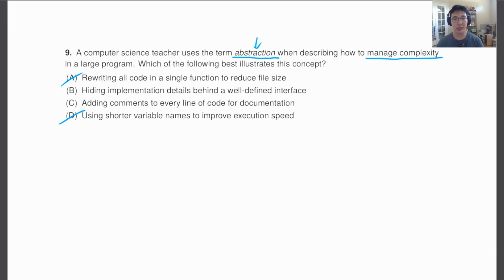Another analogy I use to describe this idea of abstraction is imagine using a computer, which you're probably using right now to watch this video. Do you know the frequency of your clock in your computer? Do you know the voltage that each portion of your computer is getting right now? Do you know the number of cores? No, you don't, right? And all of that stuff is hidden away from you.